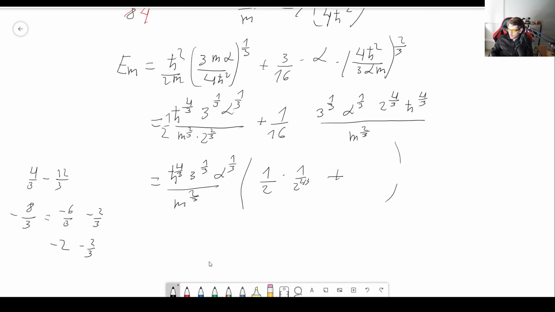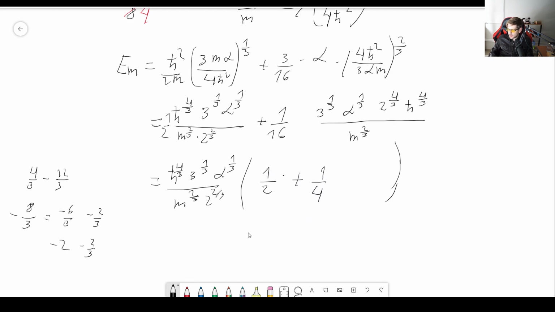This entire thing then, we can rewrite as 1 over 2 squared, multiplying, times 2 to the 2/3. Which is amazing because we can now factor out 2 to the 2/3.